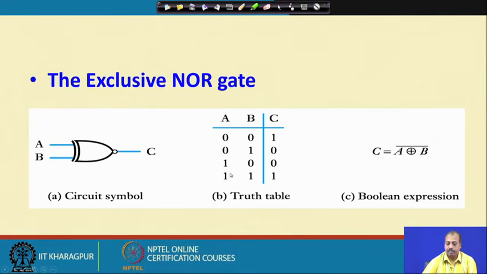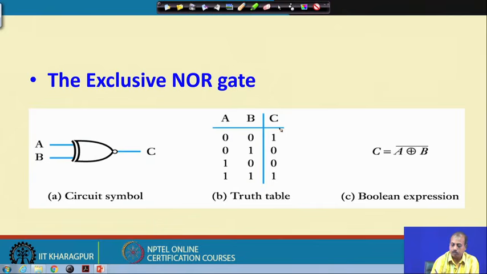This is the difference: in the XNOR gate, when both the inputs are equal to 1, the output is equal to 1, not 0. For the NOR operation, the truth table had output 0 when both inputs are 1; now it will be equal to 1. Symbolically we represent it as C equal to (A XOR B) whole bar, and it is read as A XNOR B.